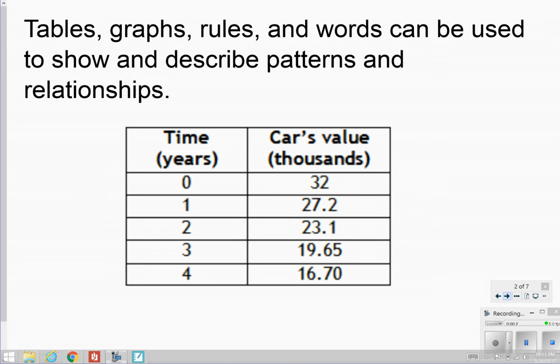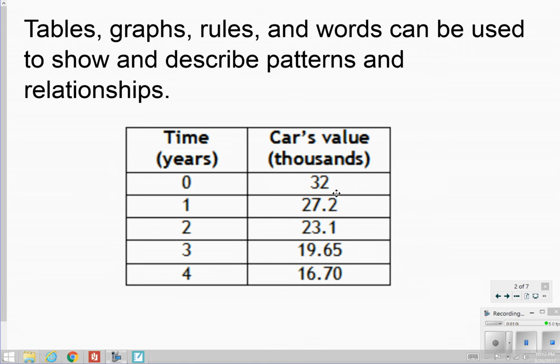If we were wondering what would happen to the value of a car over time, if you were to purchase a car, how does the value of the car change over time? Well, that would be a relationship, a connection between time and value. So if time was zero, that means it's a brand new car, it might be worth $32,000. 1 year later, the same car is going to be worth $27,000.